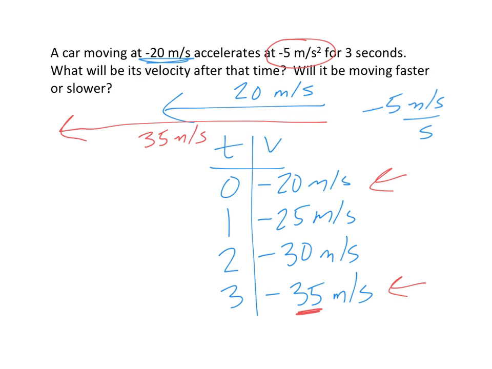So the car actually got faster even though it had a negative acceleration. So the big idea here is that a negative acceleration does not necessarily mean that you're going slower. Sometimes it does, but sometimes it doesn't. It depends on the situation, and we'll look more at this later. But for now, that's just an intro to acceleration, so use this to help you figure out that introductory sheet, and we'll do more with it later.